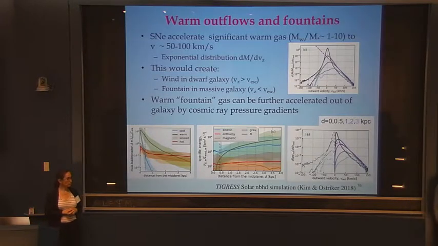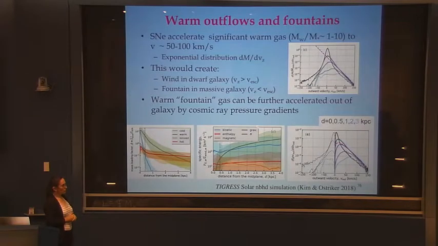Another question on the other side of the room over here. At the beginning of your talk, you had said that the cosmic ray pressure gradients act over different heights. Can you please explain that? So the cosmic ray scale height is more than a kiloparsec, whereas most of the ISM has only a few hundred parsec scale height. The pressure gradient scale is what determines the scale that the forces are applied on.